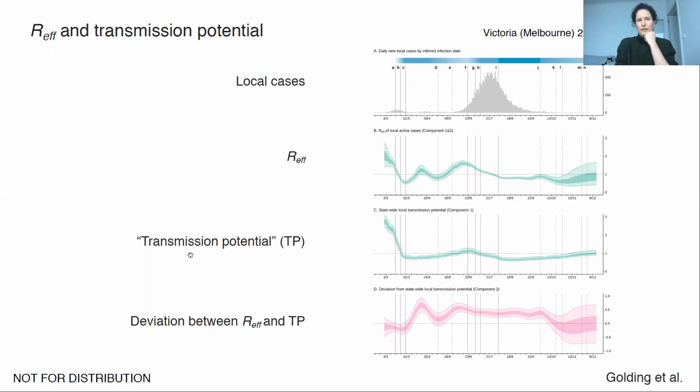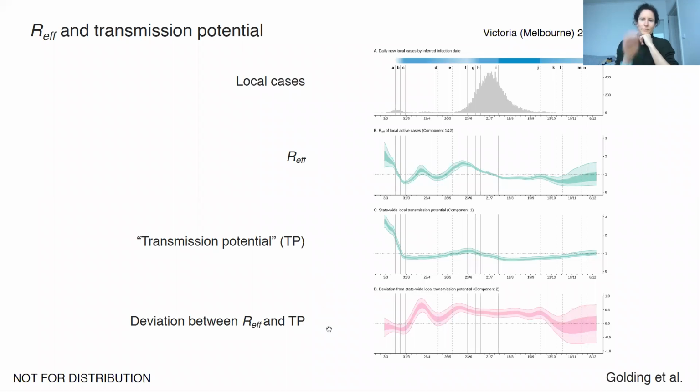So the anticipated rate of spread in the general population is different from the rate of spread among the active cases. And this was consistent with our epidemiological knowledge of the outbreak, because most of the cases during this epidemic were driven by transmission in high-risk settings, so mostly in aged care and other healthcare settings.